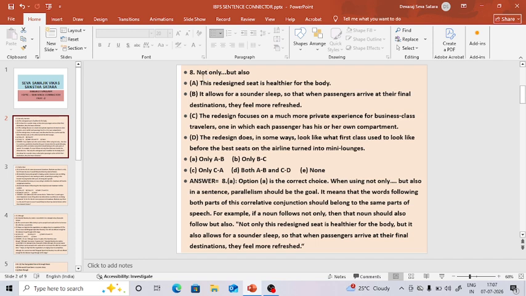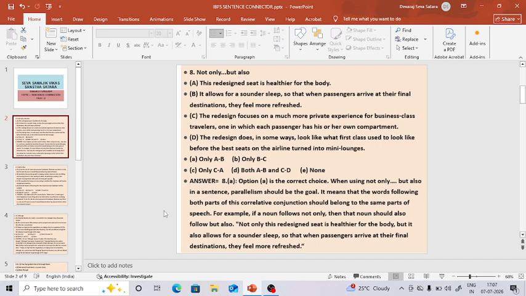So when we are using this connector, not only but also, we can use it when the two things we are comparing are equally important.